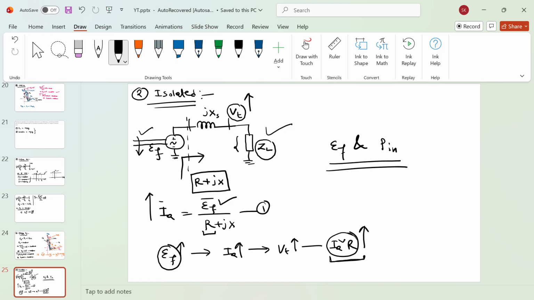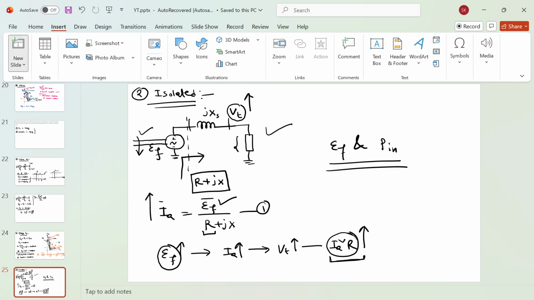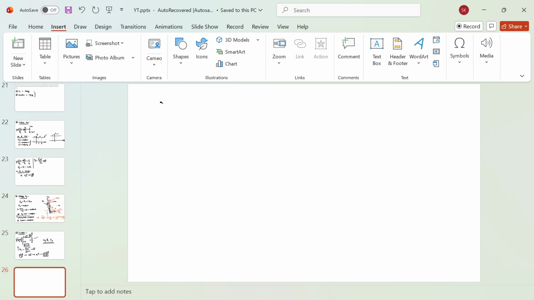And if we consider this load as a constant power load, I can add another slide. Let's say you have this generator connected to some isolated bus, and this is consuming a constant active and reactive power, and this is my J axis, and you have this EF.